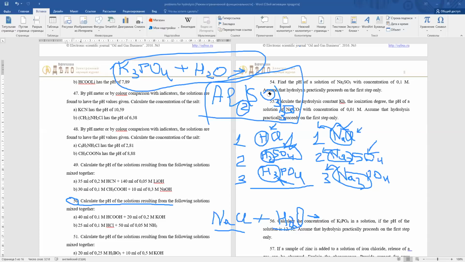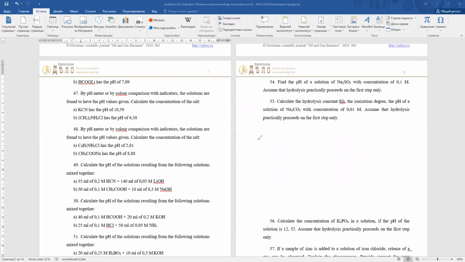Can you show an example for 52 or 53? Okay. For example, this is a stepwise reaction for the hydrolysis.